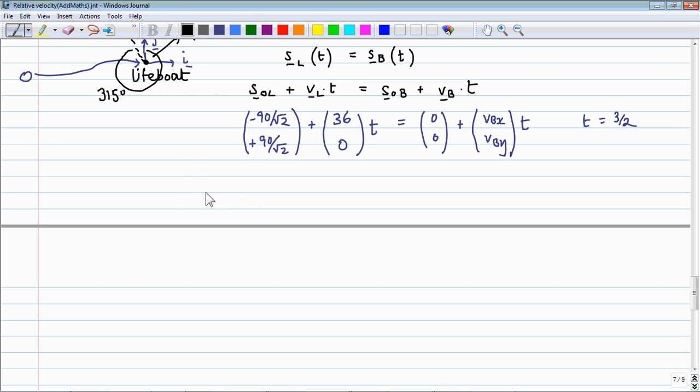I think I'll change back to black here. So VBX, VBY, basically the vector VB, multiplied by 3/2, which is the time, is equal to minus 90 over root 2 plus 36 times 3/2. You see there I'm adding the I components on the left hand side, and the J component is just 90 over root 2.